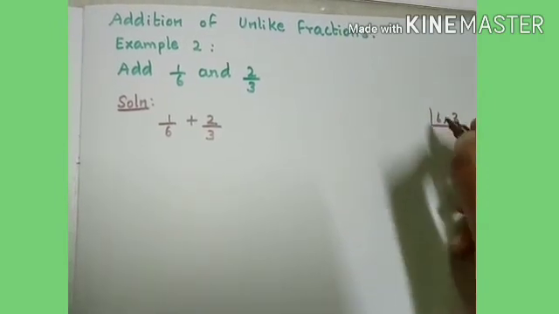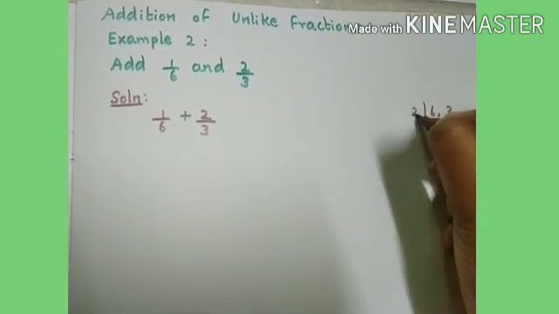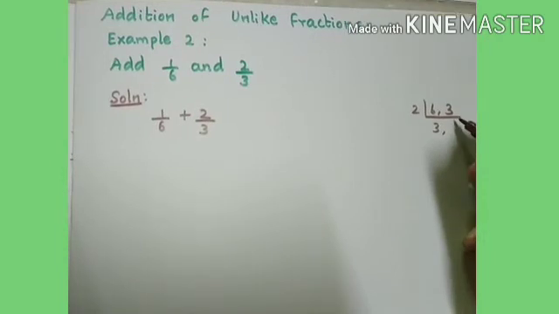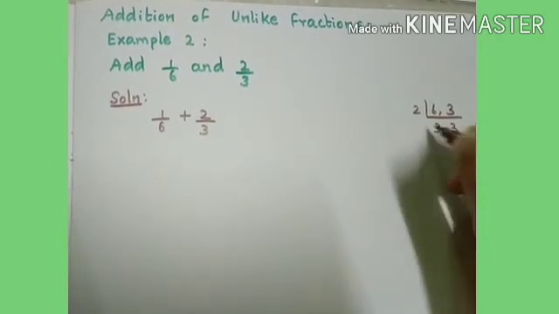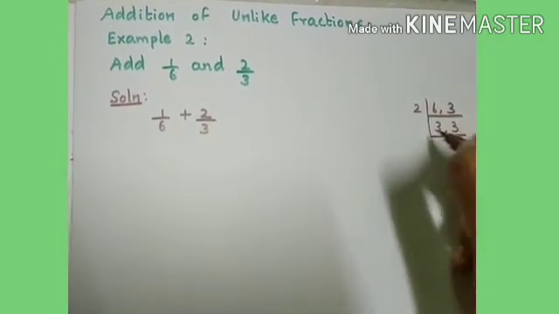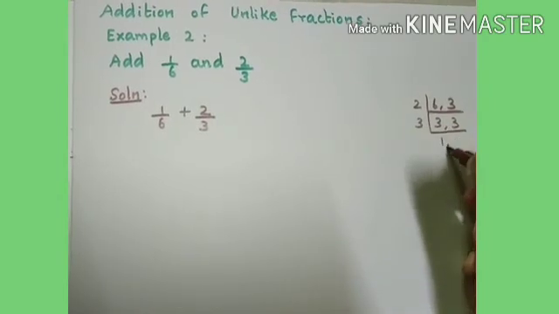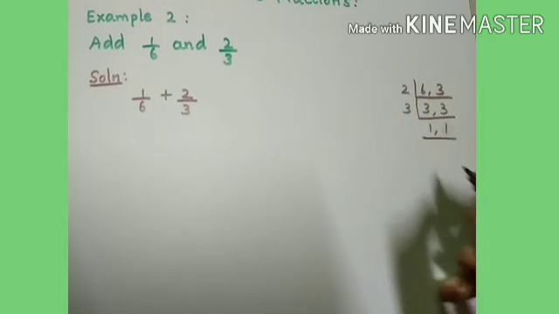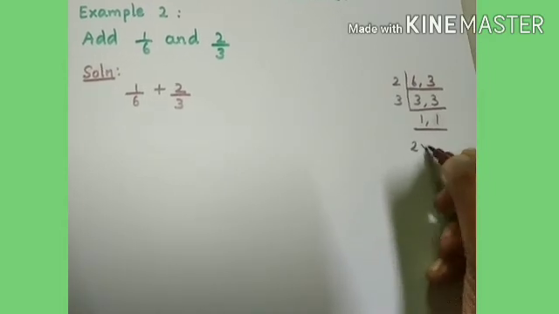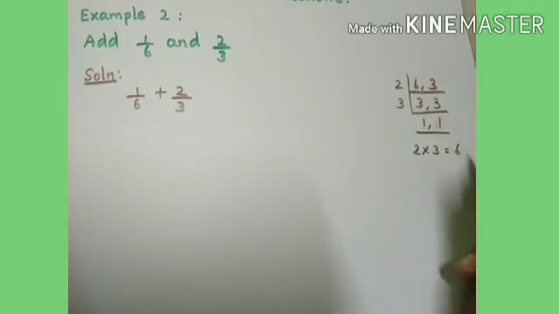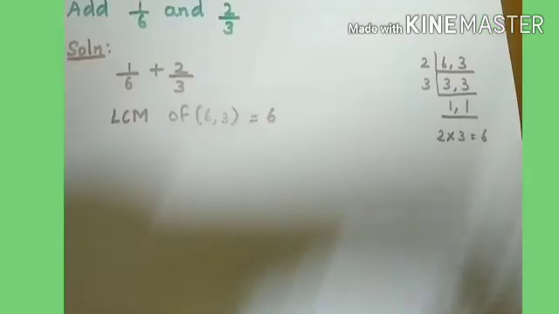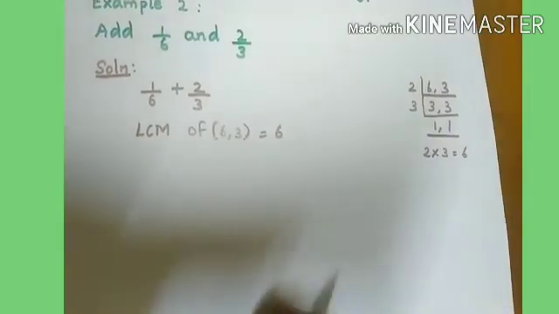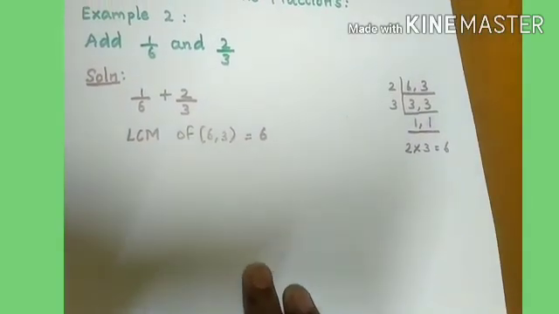Start with 2 table. 2 3s are 6. 3 doesn't come, so write 3 down. Next, write 3. 3 1s are 3. Now we get the numbers 2 and 3. 2 3s are 6. LCM of 6 and 3 is 6.